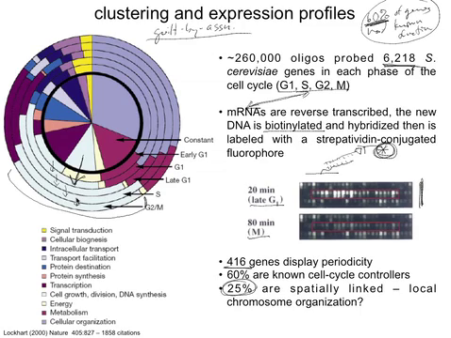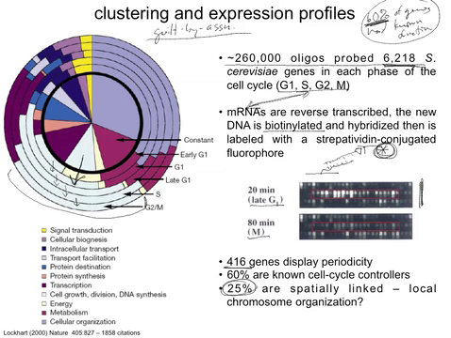So again, let me just reiterate that the point of showing you these data is to say that we can discover something new about the organization of an organism. And we can do that by looking at a very large array, essentially all the genes of the cell, and to draw new conclusions.